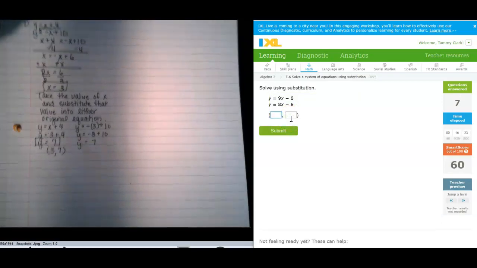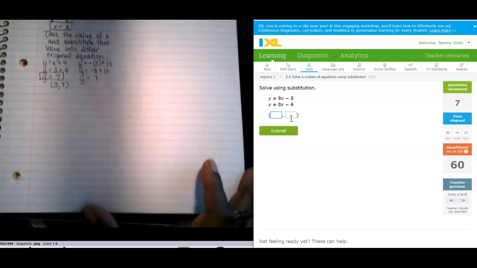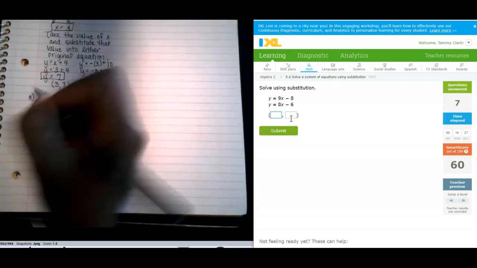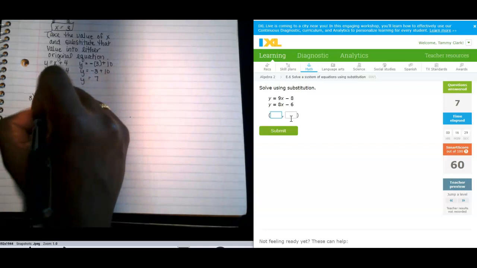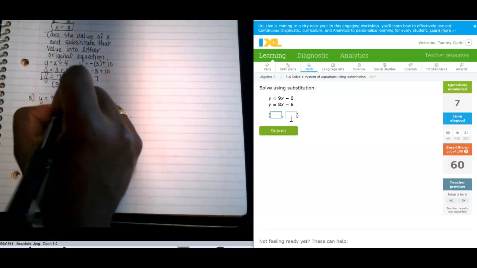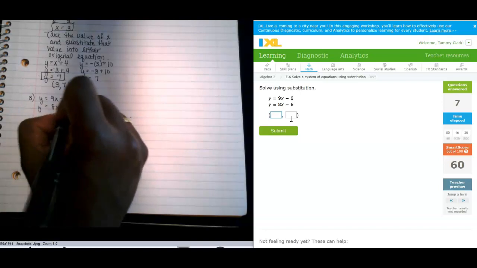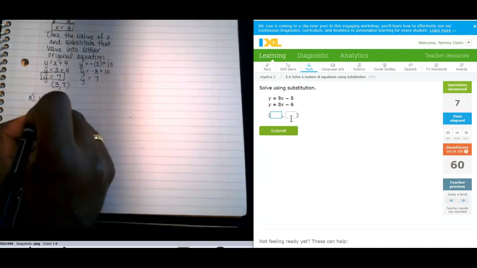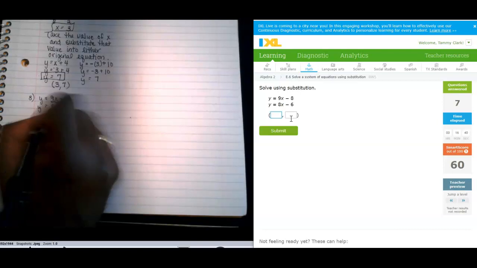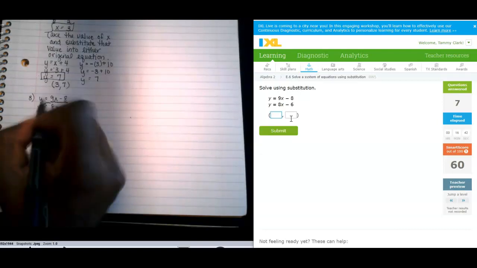Let's look at problem number 8. And again, we've got y is equal to 9x minus 8. Y is equal to 8x minus 6. I know that this value for y can replace this y.